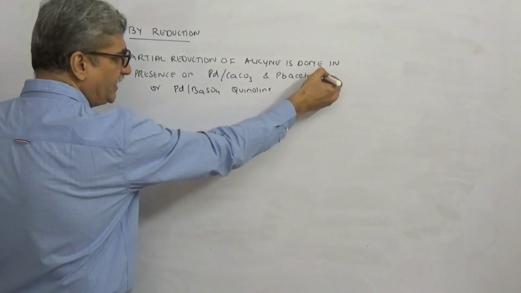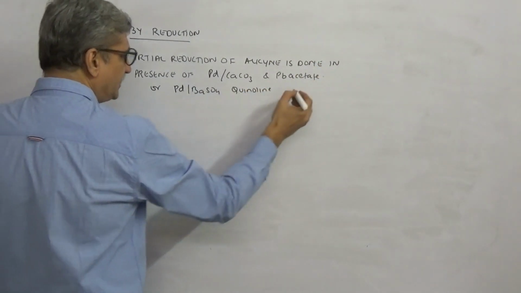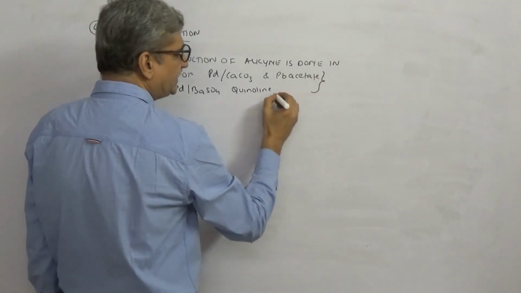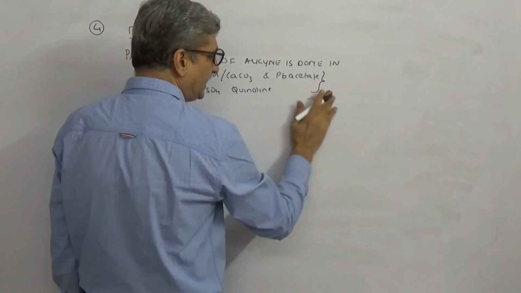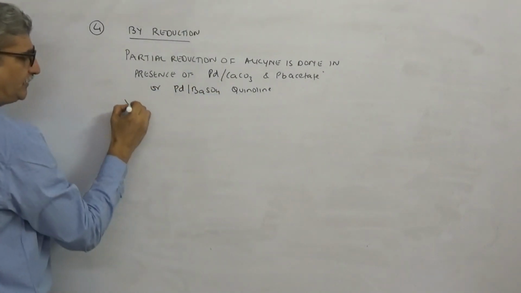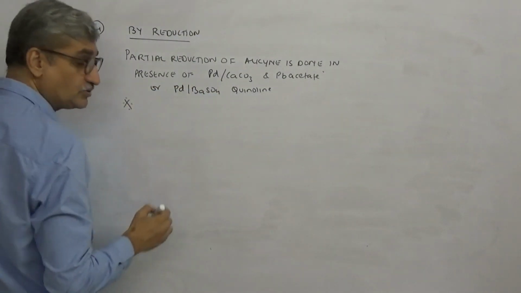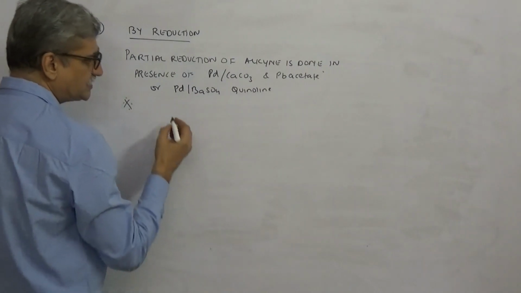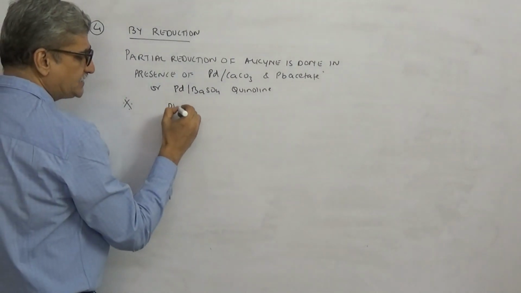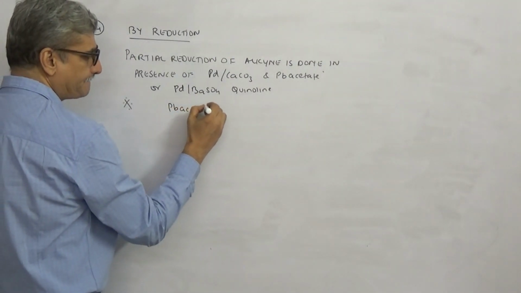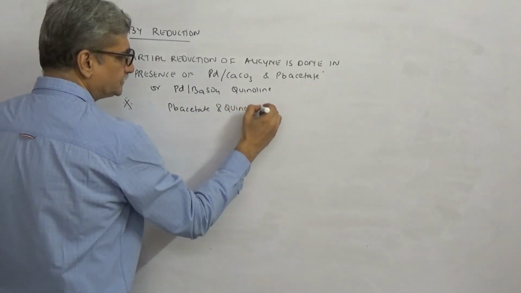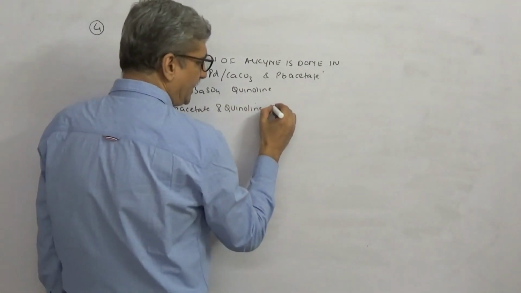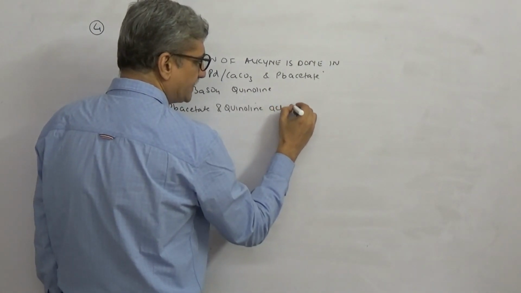See, the role of lead acetate and quinoline, they both act as catalytic poison. I'll write it separately because that's a very important point which has been asked. Rosenmund reduction, next year you will come across. So lead acetate and quinoline act as catalytic poison.